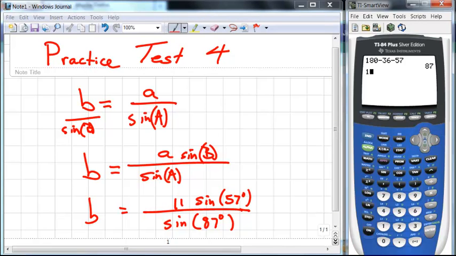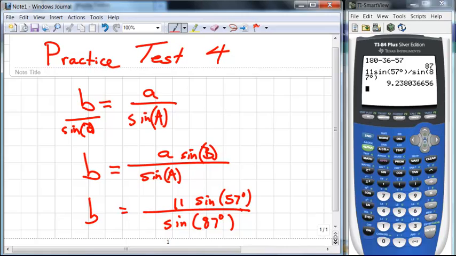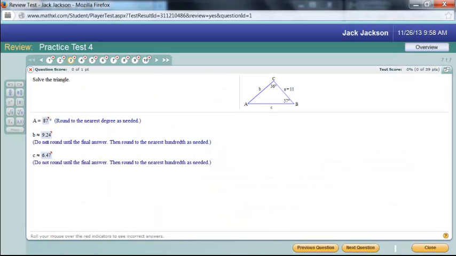So I'm going to do 11 sine of 57 with the degree symbol, divided by the sine of 87 with a degree symbol, and enter. And that's this other side, 9.238, etc. So that's what we put in here, 9.24 when we round to hundredths. Hundredths is two places, tenths, hundredths.